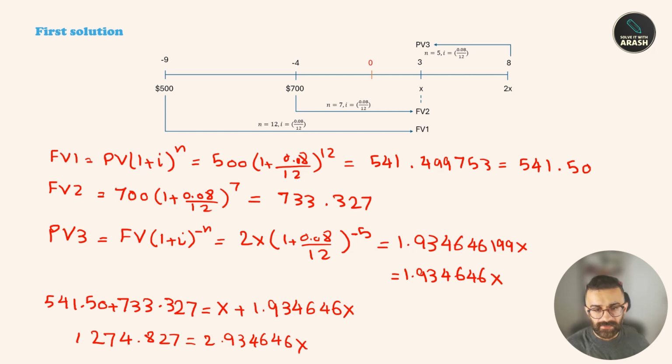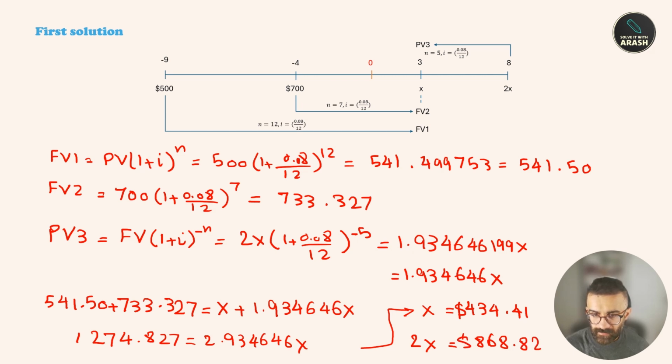Divide both sides by the coefficient of x, and x is going to be $434.41, rounded to 2 decimal places. 2x, the second unknown payment, which is twice the first payment, is equal to $868.82.